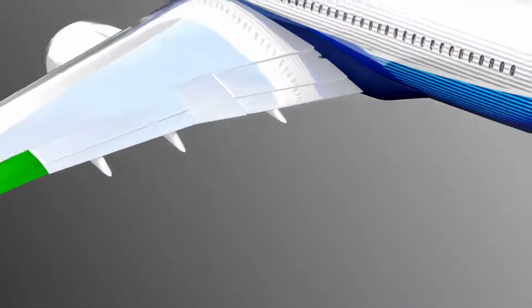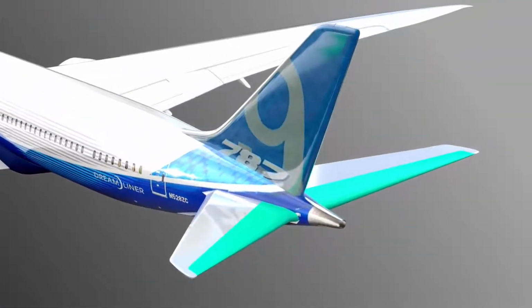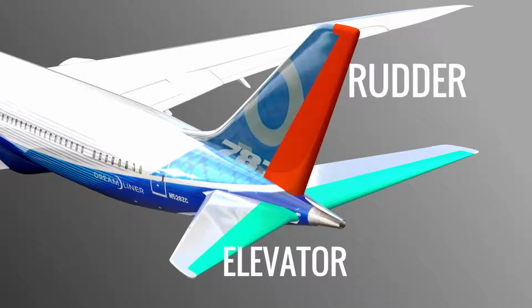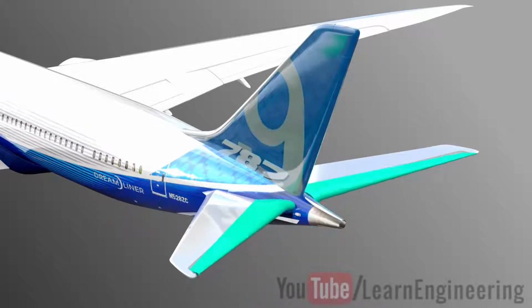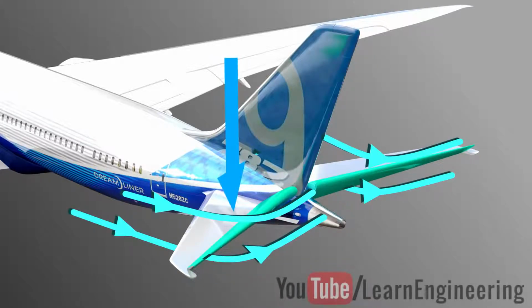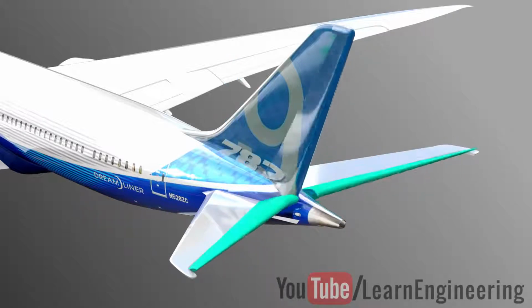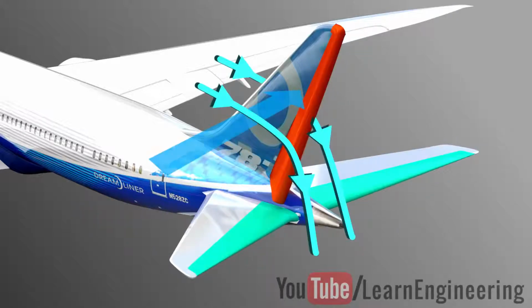At the tail of the airplane, you can see two attachments, the rudder and the elevators. By adjusting the elevators, you can control the vertical force on the tail. By adjusting the rudder, you can control the horizontal force. Now, let's get into the most interesting part of the video, controlling the aircraft using these simple wing attachments.